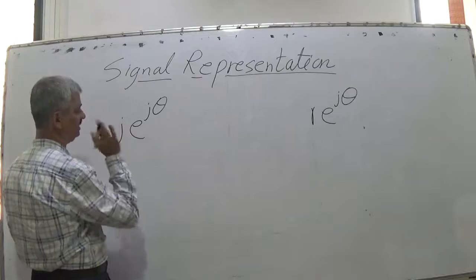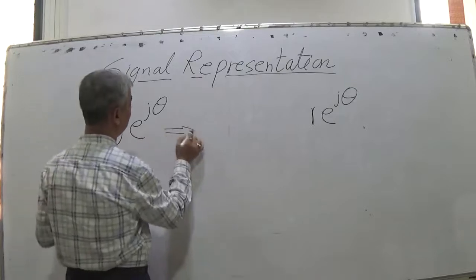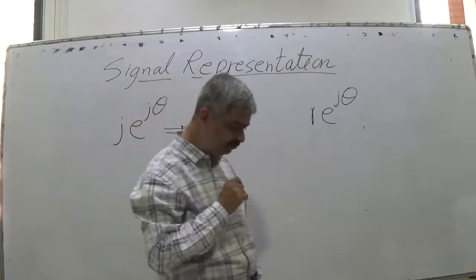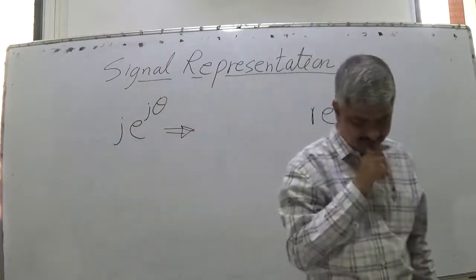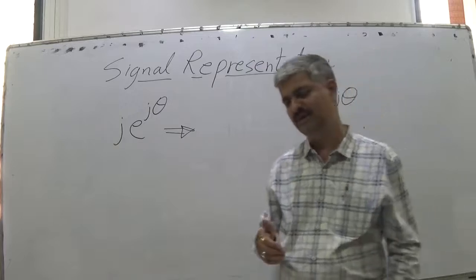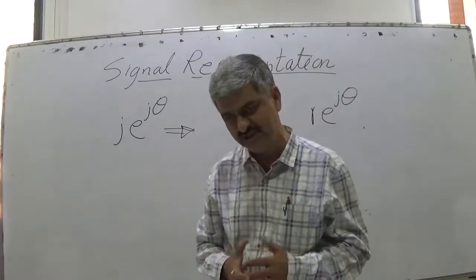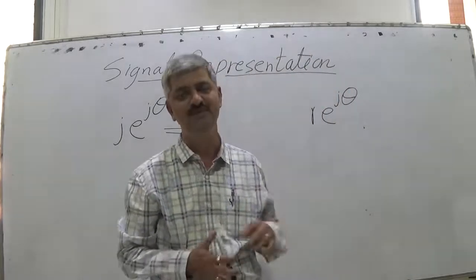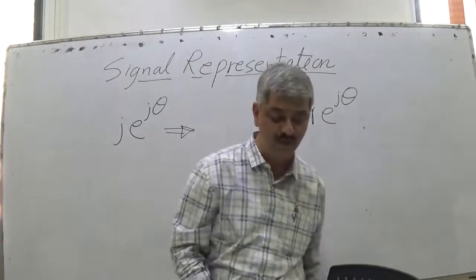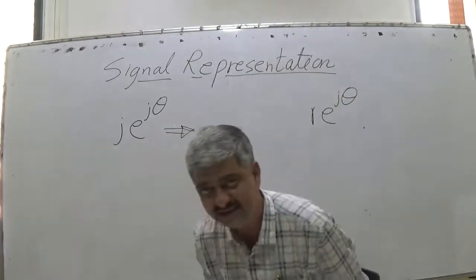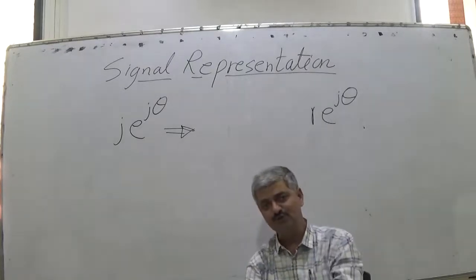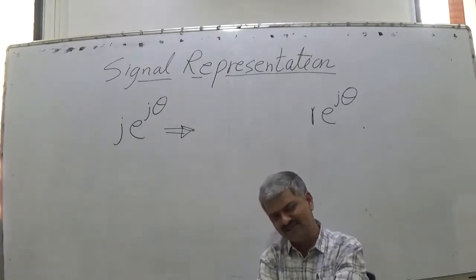When I don't multiply, the multiplication is unity, so I say it's a unit circle, a circle of radius 1. When I multiply by a real number, it is a circle of radius r. Now in j e raised to j theta, it is neither 1 nor a real number but an imaginary number j.